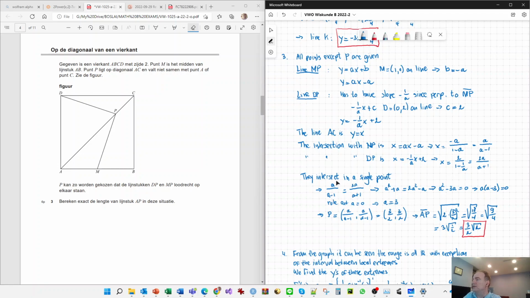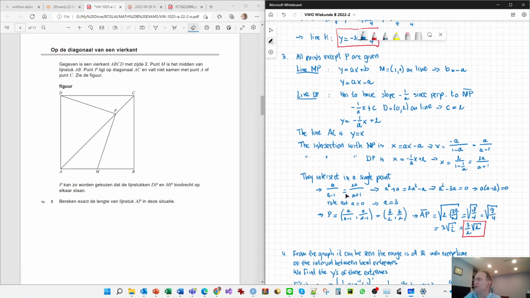That's given. So we have to set these two expressions equal. So that's this equation here, and then we again do some algebraic work. Basically, you cross-multiply: multiply both sides by a plus 1 and by a minus 1.